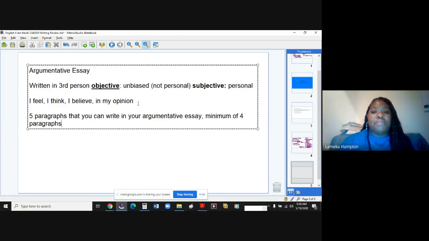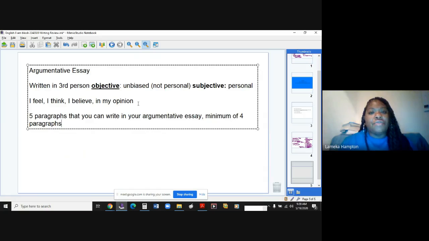The reason why I say minimum of 4 paragraphs is simply because sometimes you may have to write a compare and contrasting essay where you have your introductory paragraph and then you have your second paragraph, which talks about the things that your topic has in common. The third paragraph talks about things that are different pertaining to the topic.